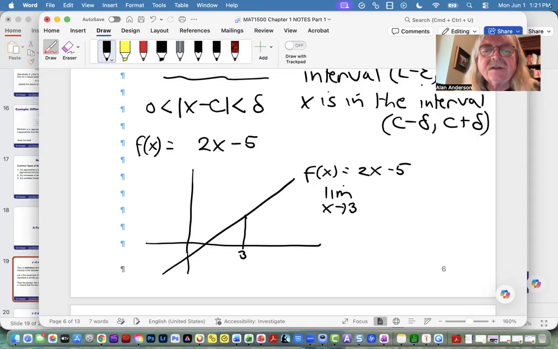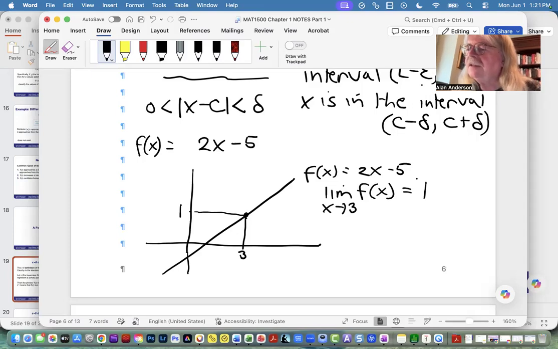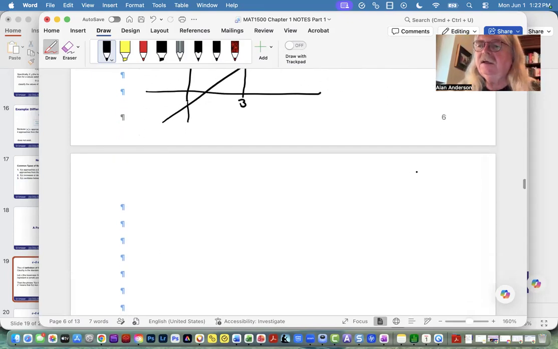In this case, when x is 3, y is 1. And what they would like us to see, to prove that this is actually the limit, it goes like this.